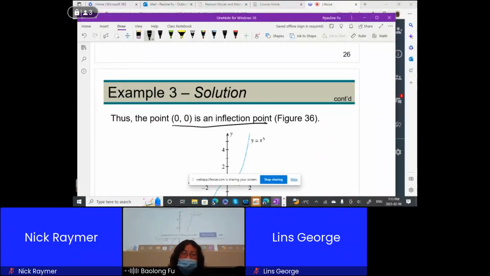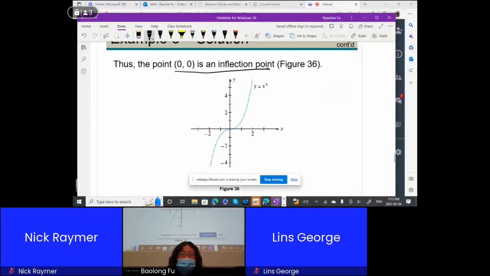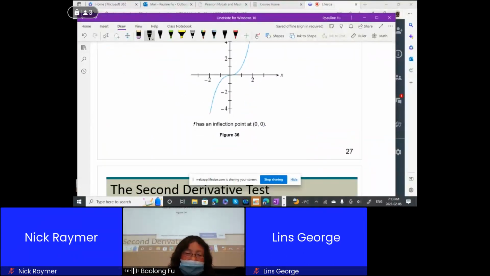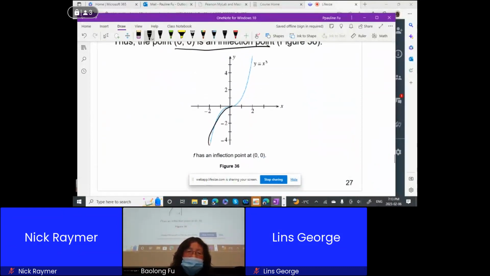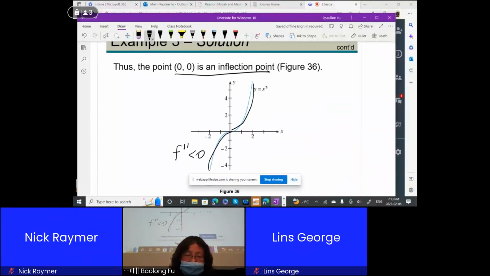Because the second derivative on this part is smaller than 0, and on this part it is greater than 0, so it changed from negative to positive.